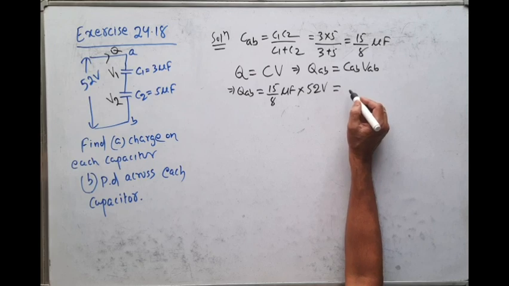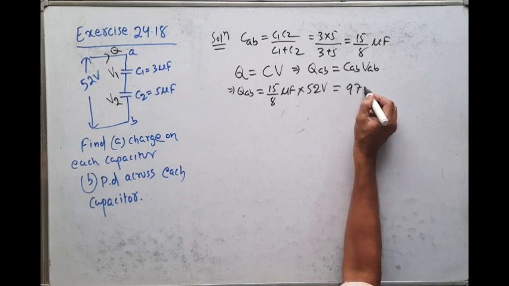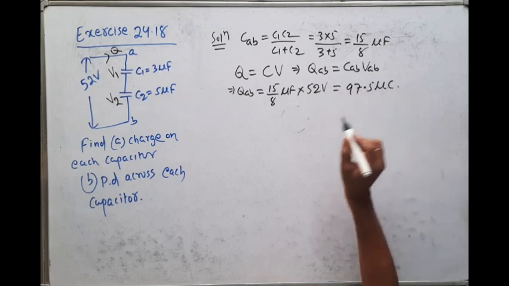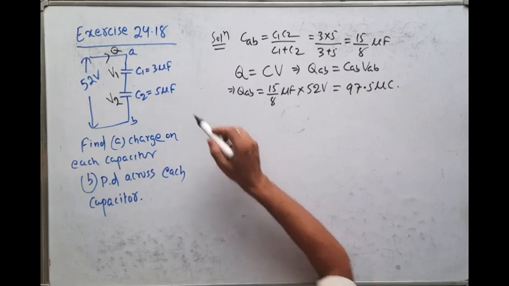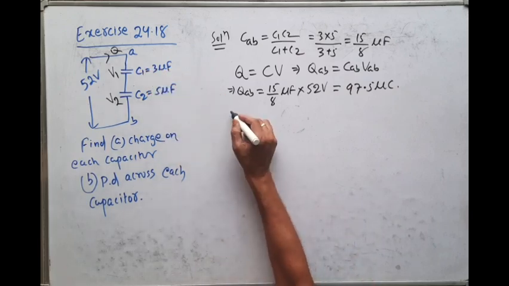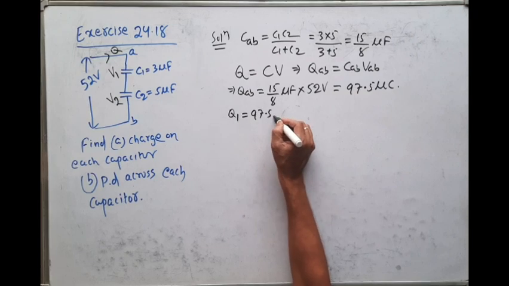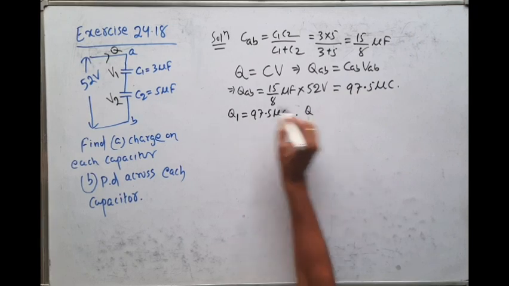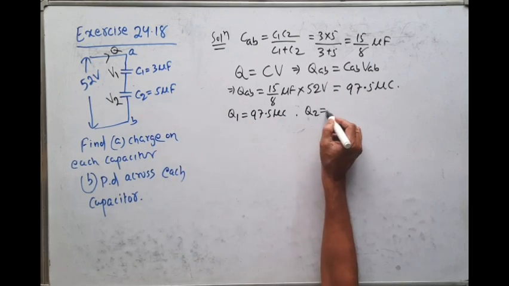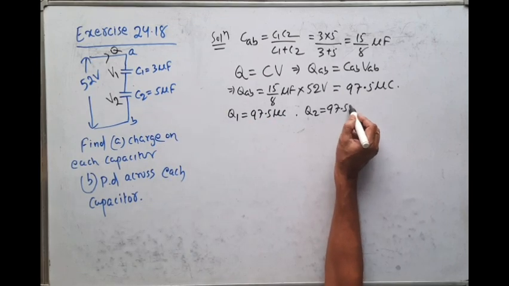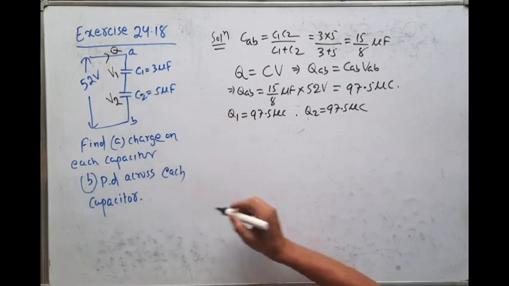Multiply this and you will get 97.5 microcoulomb. Since it is a series connection, the charge through C1, Q1, is also 97.5 microcoulomb, and the charge across C2, Q2, is also 97.5 microcoulomb, because in series the charge remains the same.